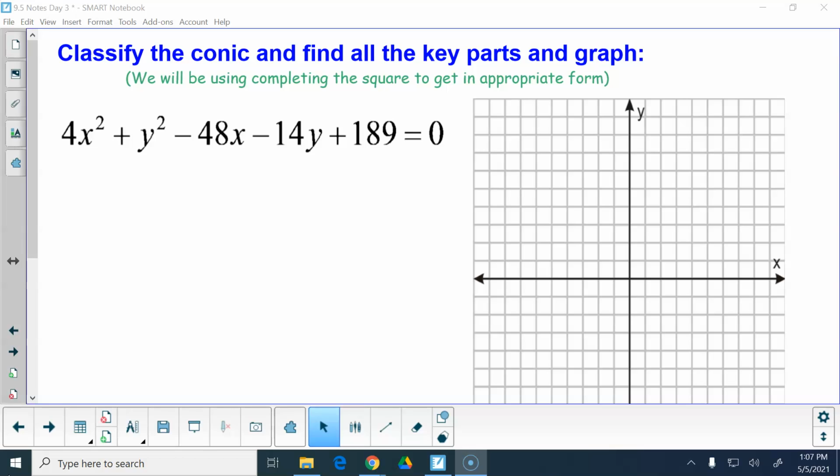We need to classify this particular conic section. What would we classify this one as? You are correct. Now justify it for me. The x and y squared have different coefficients, and I'm going to have you give me one more too. That makes it not a hyperbola.